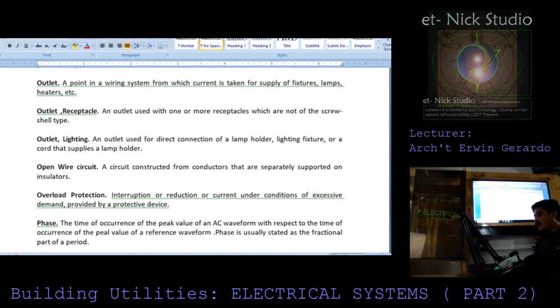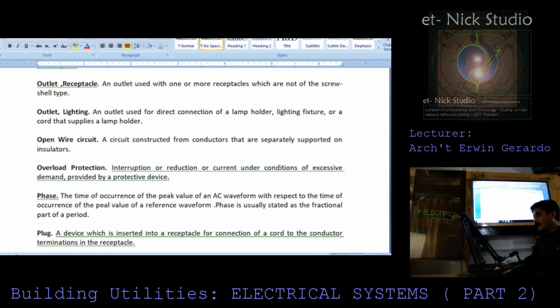Outlet, a point in a wiring system from which current is taken for supply of fixtures, lamps, heaters, etc. Outlet, intended for receptacle, an outlet used with one or more receptacles which are not of the screw shell type.